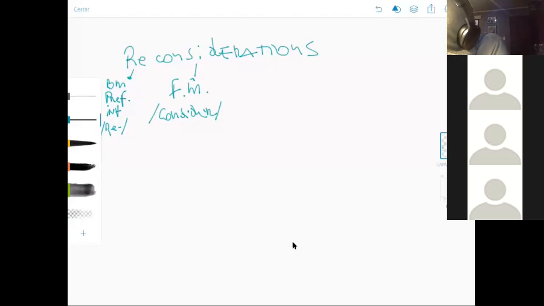Entonces, considerate, considerate, y aquí me sale un bound morpheme que se le pega a consider, por lo tanto es un suffix. Y consider is a verb y considerate is an adjective. There's a change, therefore it's derivational.